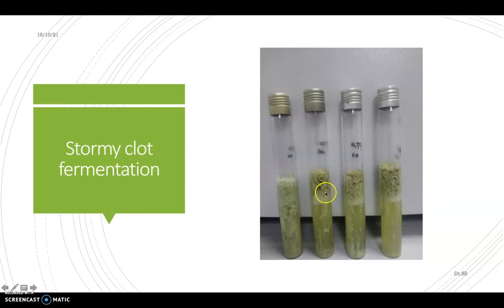If stormy clot formation occurs, it shows a positive culture of Clostridium perfringens, and it is further confirmed. So these are some of the tests used in industries to confirm the presence or absence of Clostridium perfringens in food.